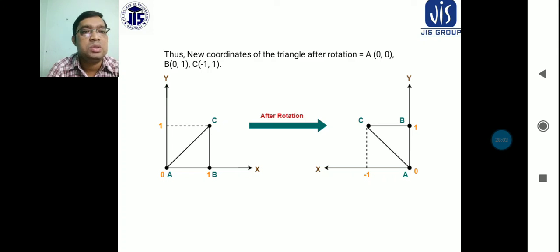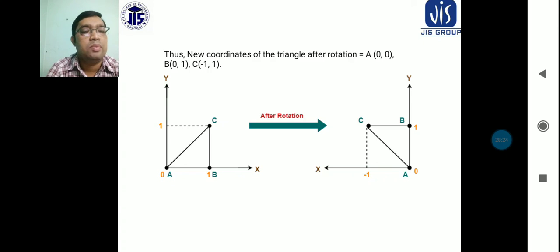And then after this rotation, A is at 0 0, that means the position is here, and B goes to 0 1, that means the x coordinate is 0 and the y coordinate is 1. Also C becomes minus 1 1.